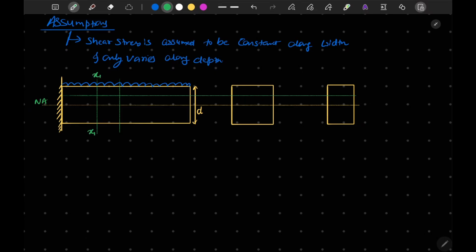So this is our x1 plane, this is our x2 plane, and let's say that dx is the distance between both planes, and x1 is at a distance, let's say, x.